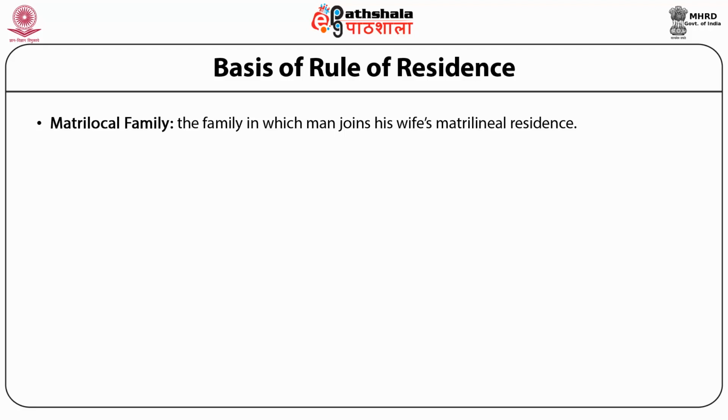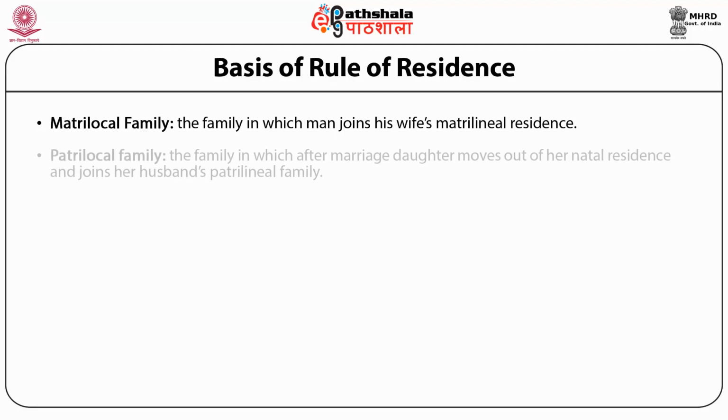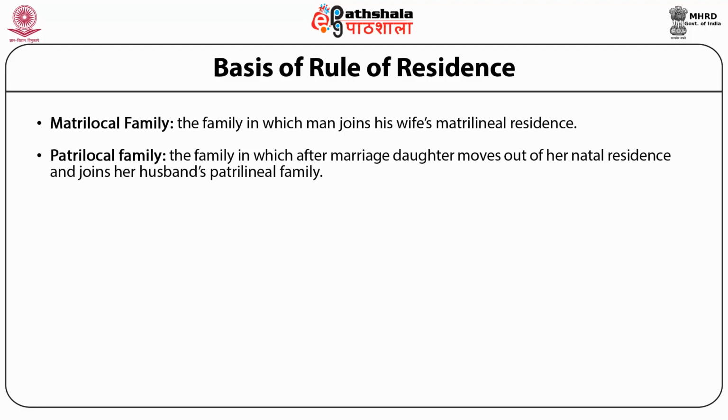This type of family is found among Nayars of Kerala. Then comes the patrilocal family in which after marriage the daughter moves out of her natal residence and joins her husband's patrilineal family, and brothers bring wives into their patrilineal family. It is common in north and central India.